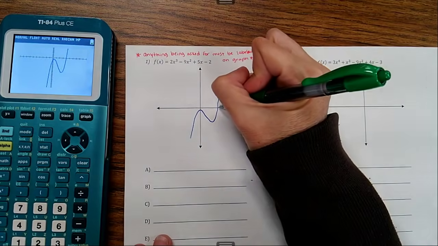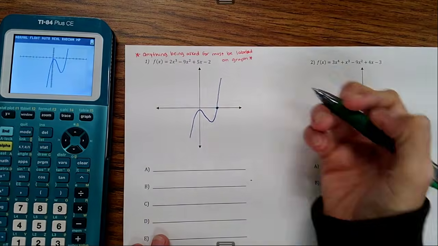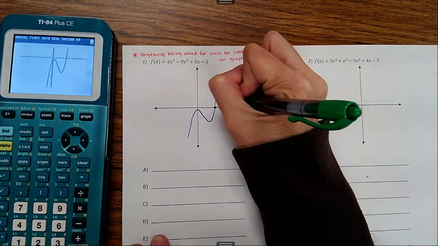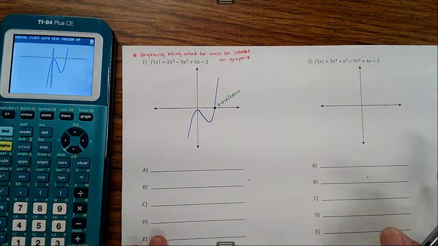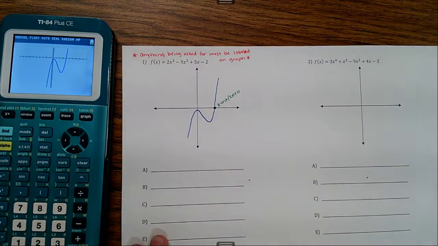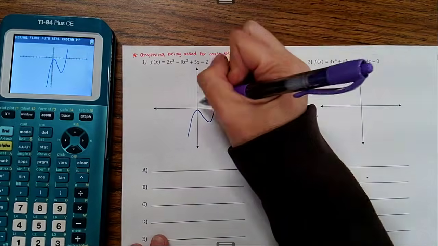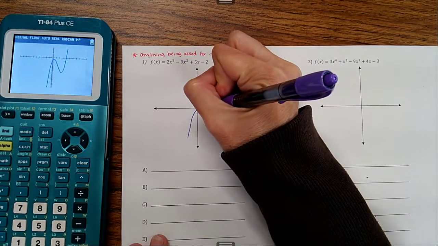So we'll label our zeros. The zeros are the x-intercepts where it crosses the x-axis. So x-intercept is also the same thing as the zeros. We have a relative max here. I didn't do a very good job of drawing that.